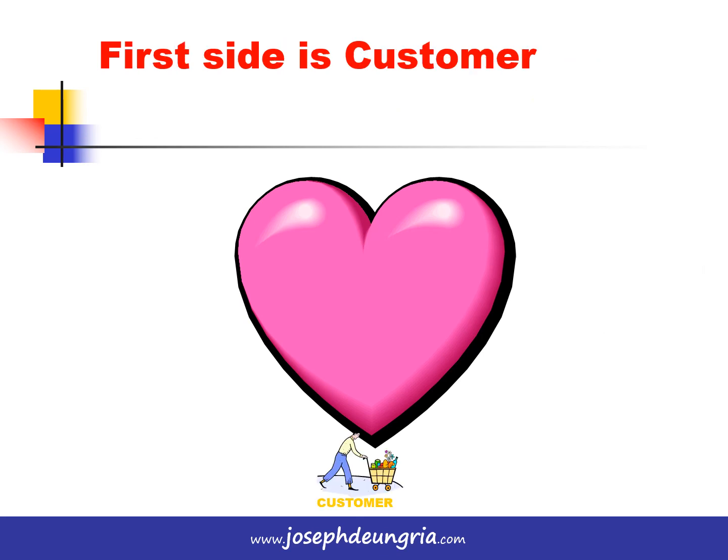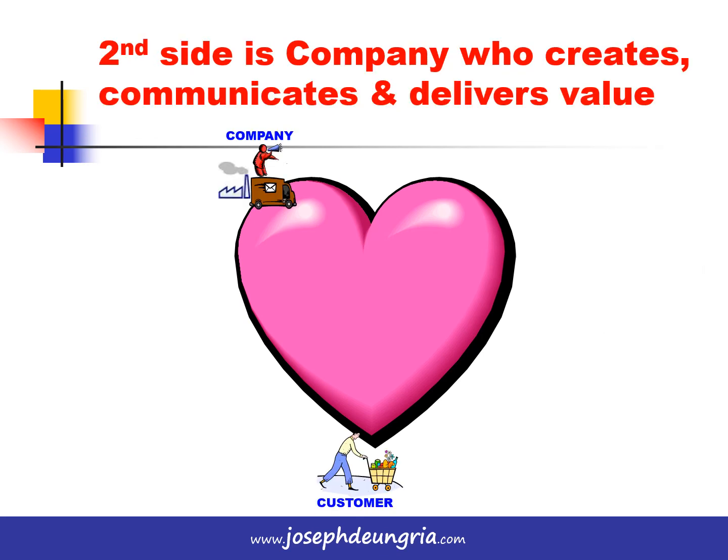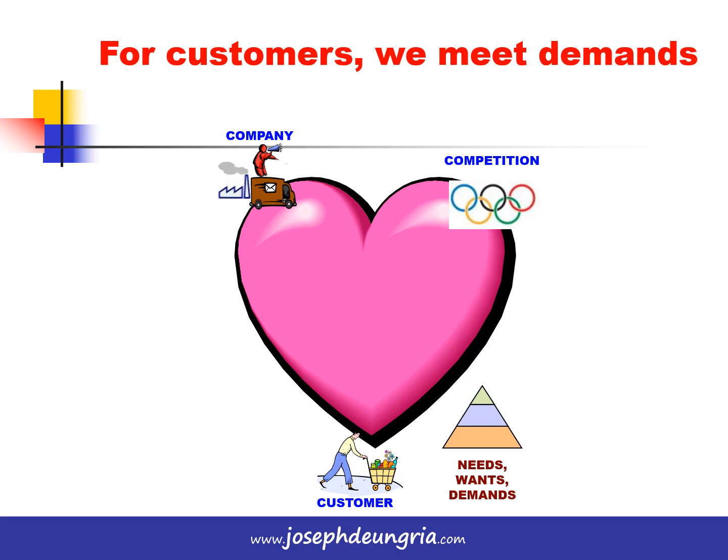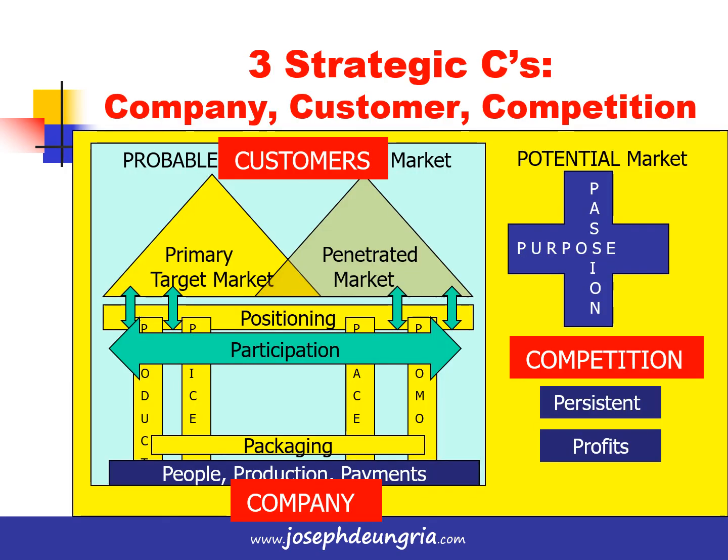Now, we all know this. The first side is customer, the second side is company, and third side is competition. And in our model, the three C's are also here. So the company is at the bottom part of it, customers are on top, and then outside this probable market is your competition.